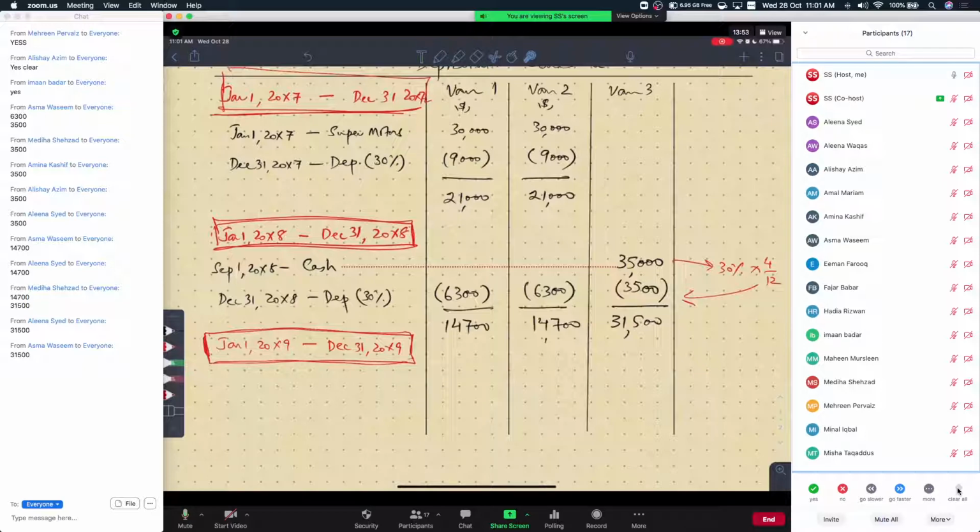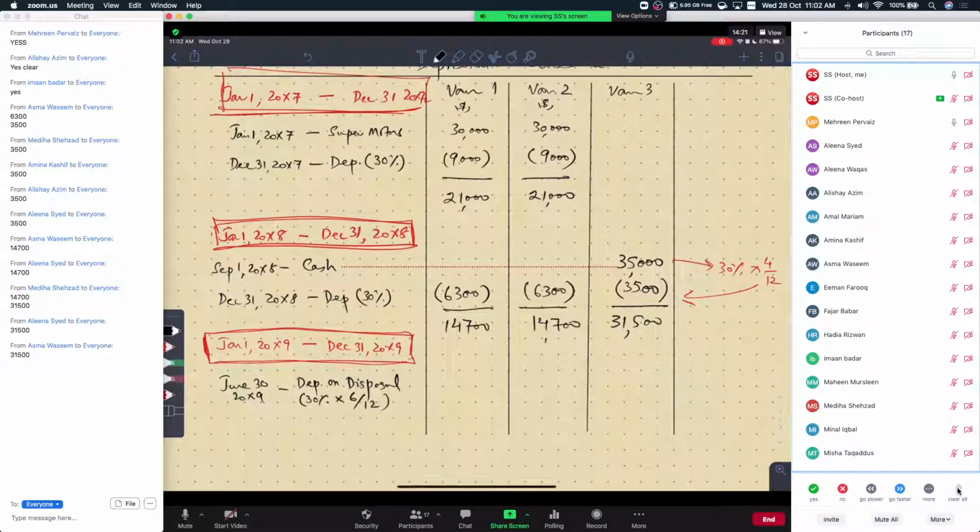Before we dispose of it, we are going to charge 6 months depreciation on this van. This is not the usual way of charging depreciation, because we normally charge depreciation on disposal of an asset. So that would be based on 30% times 6 over 12.